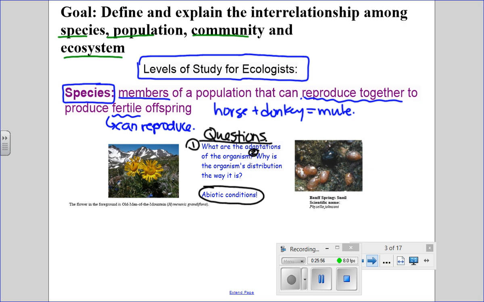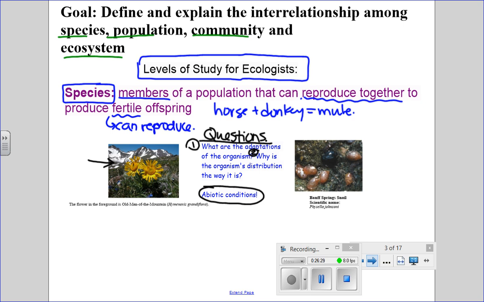I'll focus on a couple of example organisms here to show you what I mean. If we're focused on a species, we would be talking about one specific type of plant or animal. On the left, I have a picture of just one type of flower. It's called an old man of the mountain flower. If I mention a specific type of organism, that means we are at the species level.